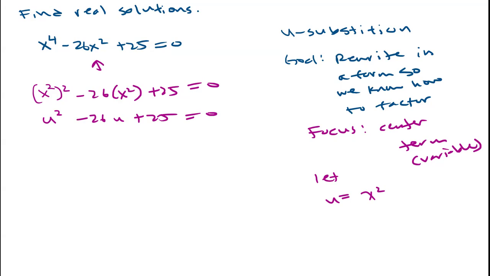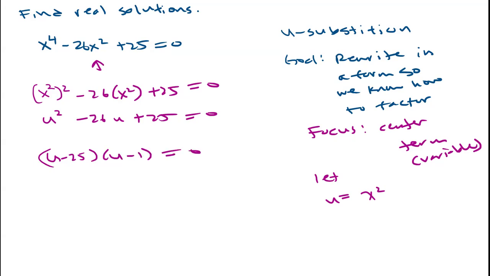We have a minus, plus combination, which tells me that both of my factors should be negative. Again, if I have a minus in the middle and a plus at the end, that means both factors have to be negative. So in this case, I'll have u minus 25 and u minus 1 equals 0.